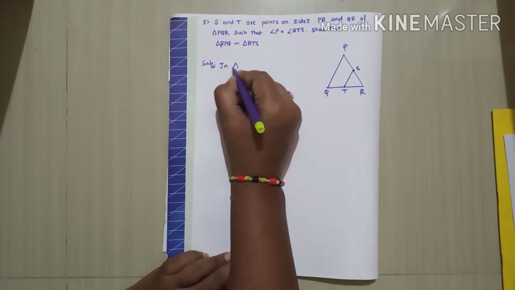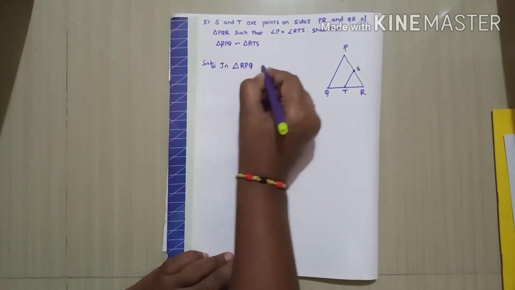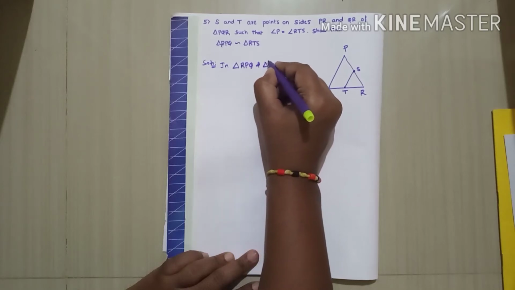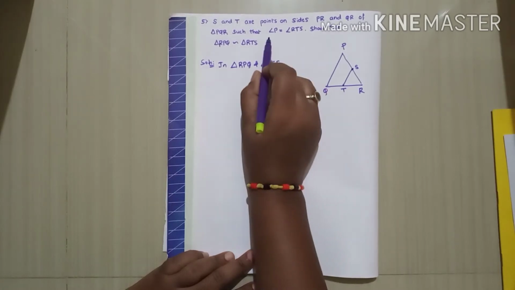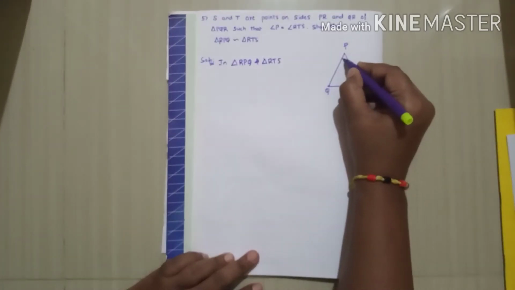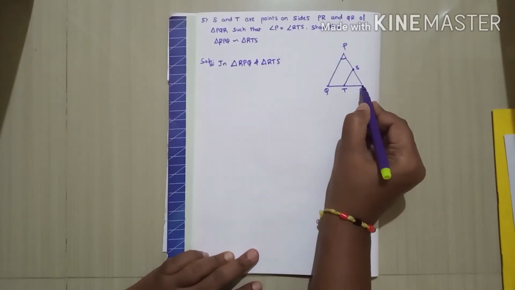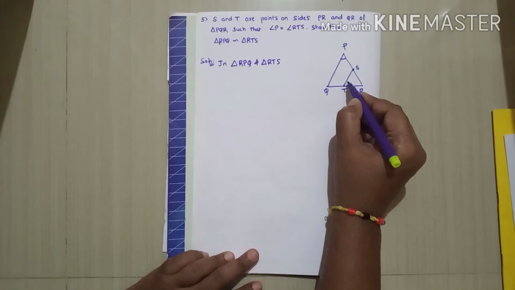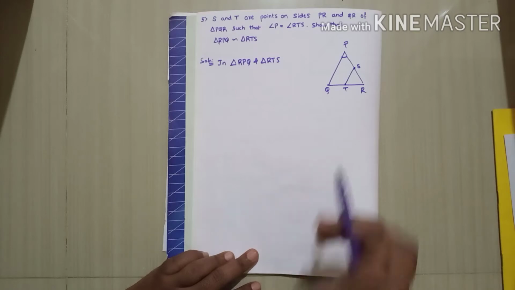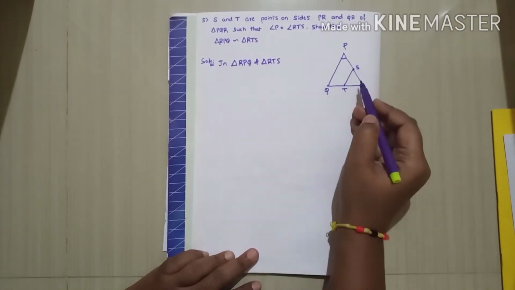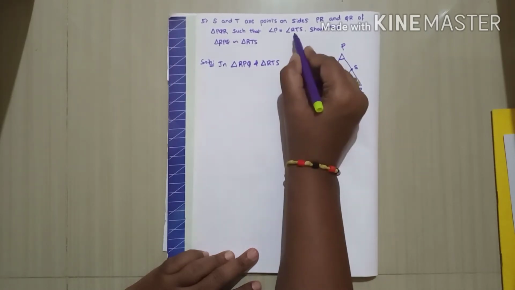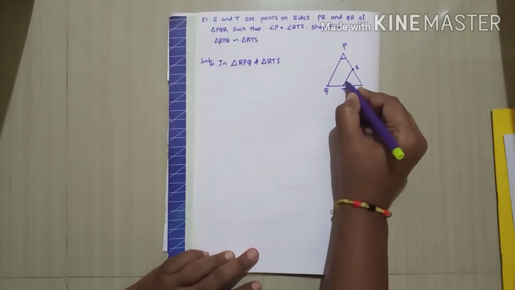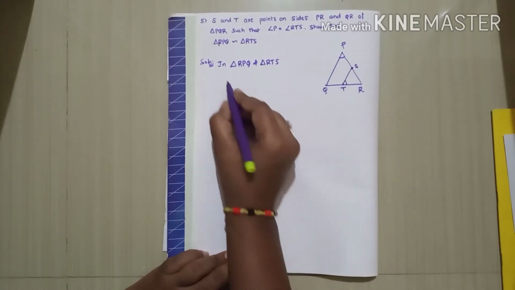In triangle RPQ and triangle RTS, one thing they have given already. Angle P is equal to angle RTS. These two angles are equal, they only given.